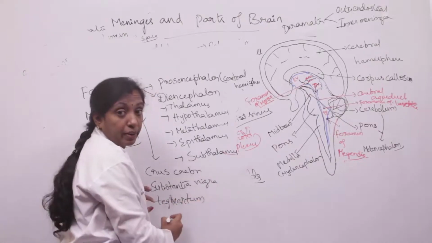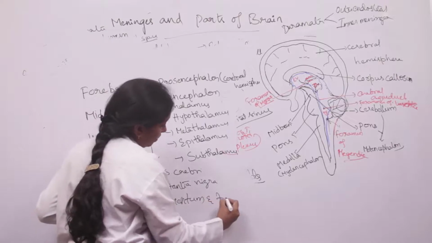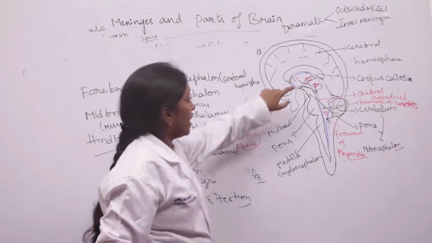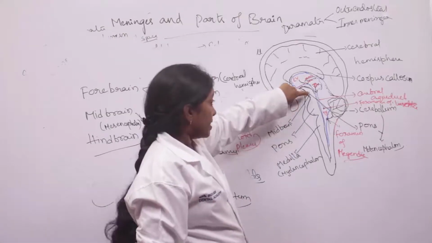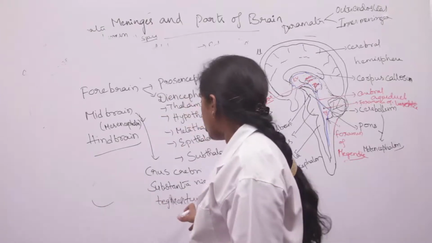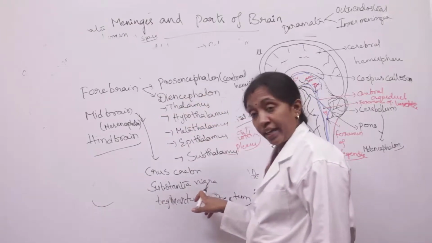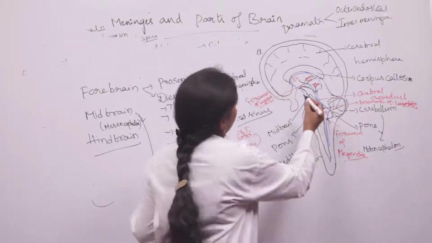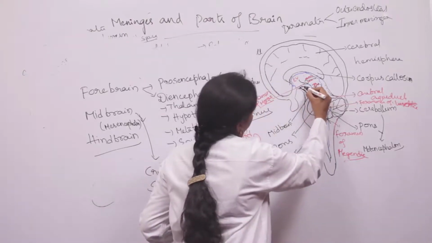This constitutes the midbrain. Midbrain forms the mesencephalon, and it consists of crus cerebri, substantia nigra, tegmentum and tectum from before backwards. Okay, this is the midbrain.